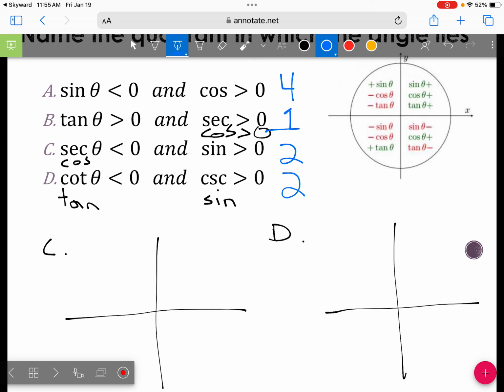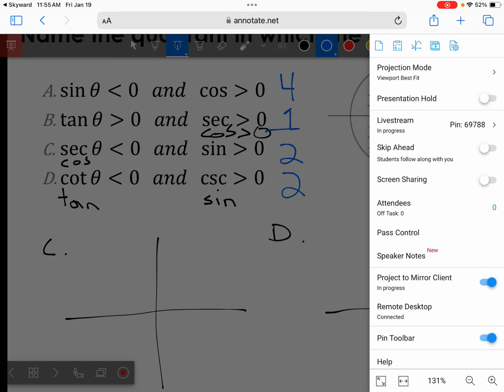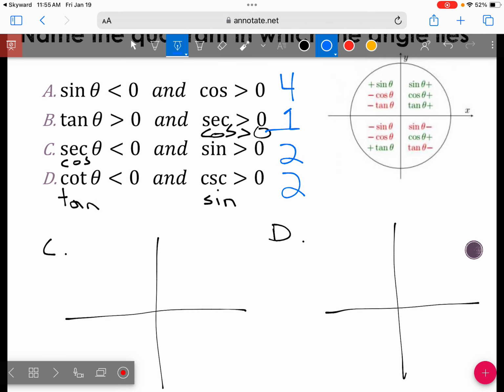So if you want to do the process of elimination that I went over for A and B, that's great. But if that strategy doesn't really jive with you, another strategy is writing in where it's positive. If you look at C, secant theta is less than 0. That means I need to figure out where cosine is less than 0.